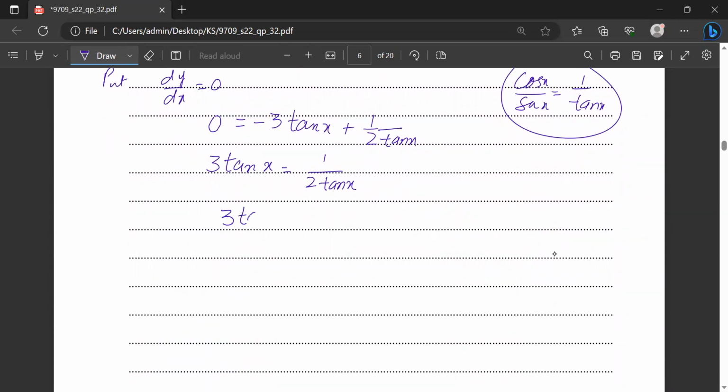So 3 tan squared of x equals 1 over 2, or you may write tan squared x equals 1 over 6 directly. From here, tan of x equals plus or minus 1 over root 6.